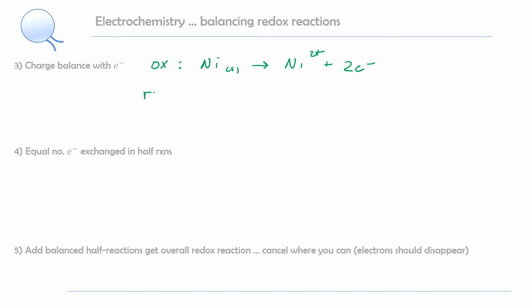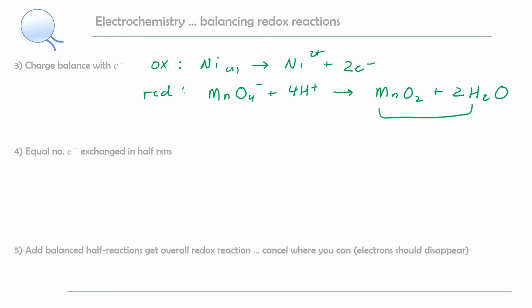For the reduction half reaction, remember I have MnO4- plus 4 hydrogen ions, giving MnO2 and 2 waters. To charge balance for reduction, a reduction is gain of electrons, so electrons are reactants. They go on the left. So the charge on the left has to equal the charge on the right.